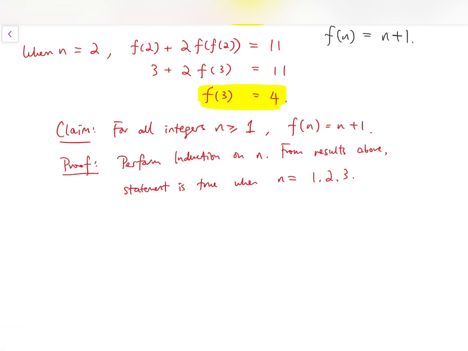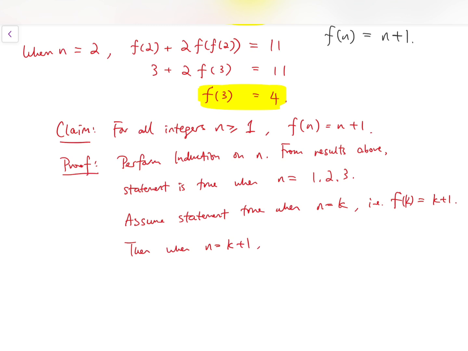To proceed, we can assume that the statement is true when n equals k, which means f of k equals k plus 1. Then when n equals k plus 1, the goal is to prove that f of k plus 1 equals k plus 2.